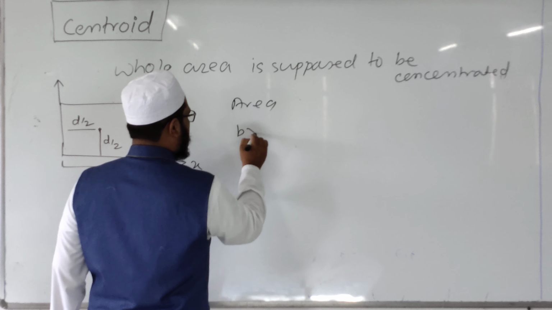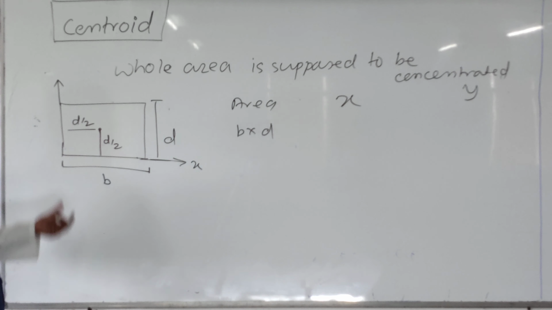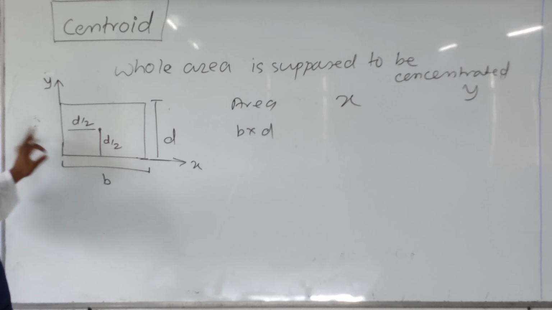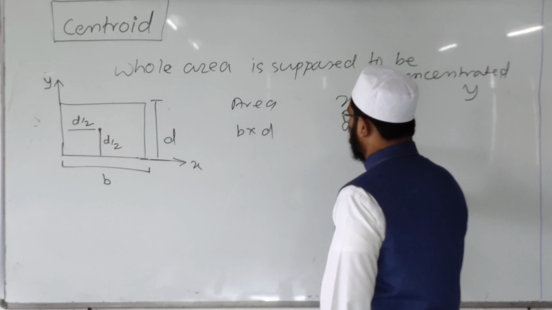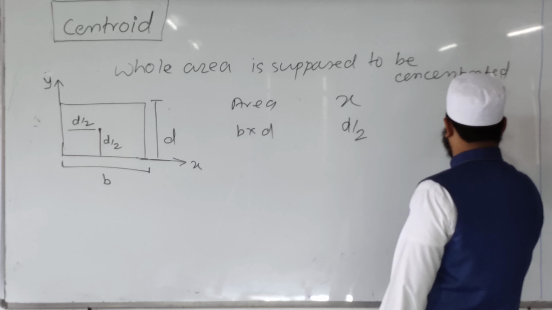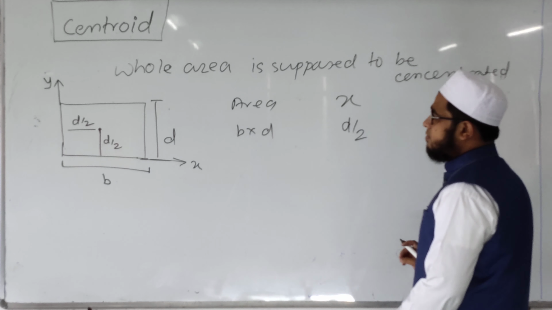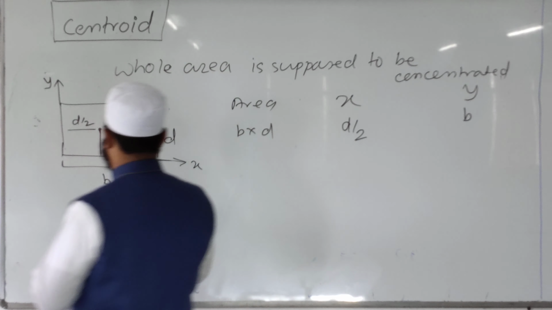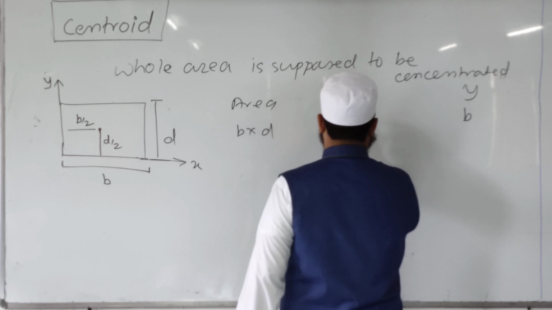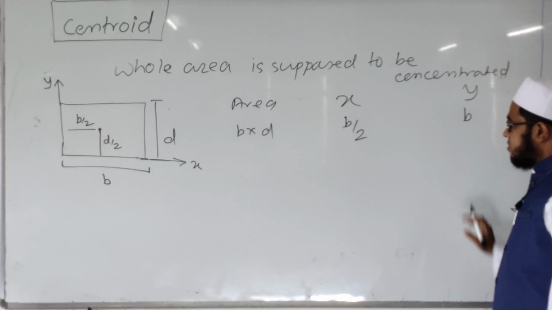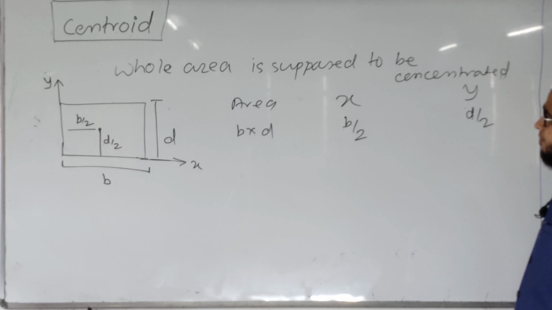Area is b into d, and x and y coordinates refer to the axes x and y. x is the distance measured from the y axis, therefore it is b by 2, and y is the distance measured from the x axis, that's why it is d by 2.